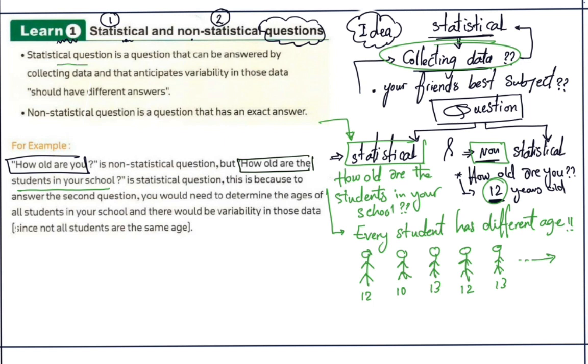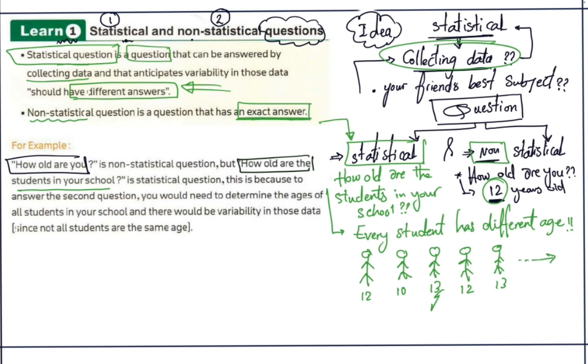Now read with me. A statistical question is a question that can be answered by collecting data, and it anticipates variability in those data, so it should have different answers. But a non-statistical question has an exact answer, just one answer.